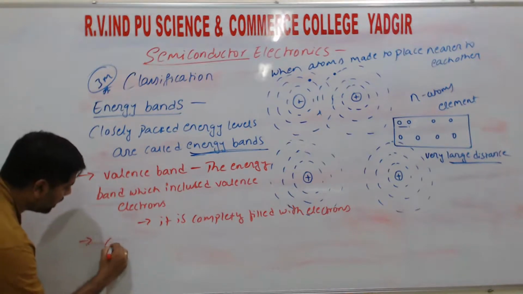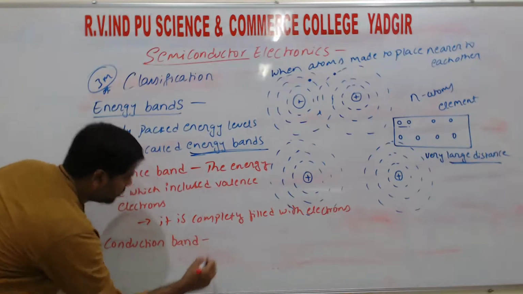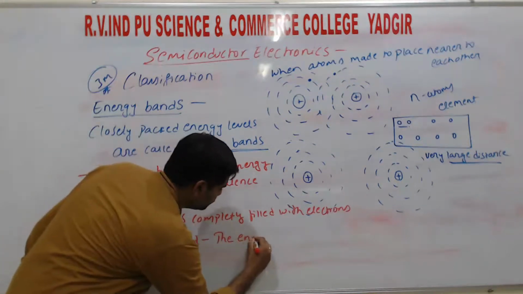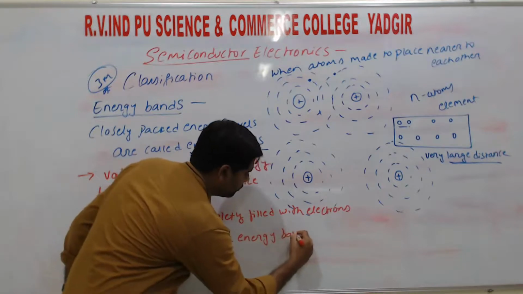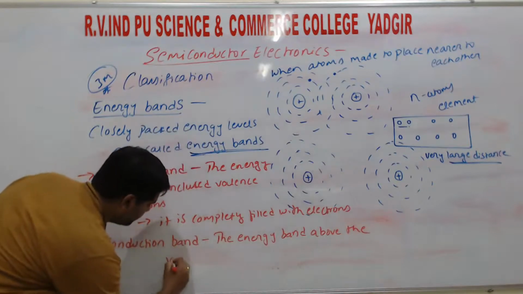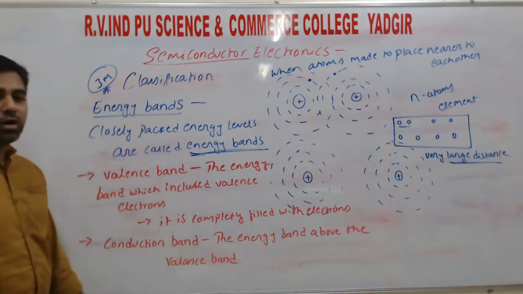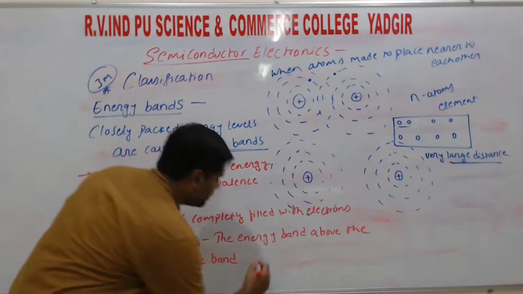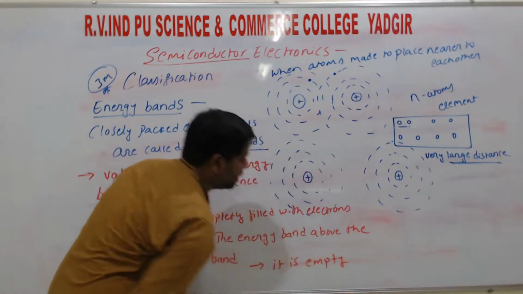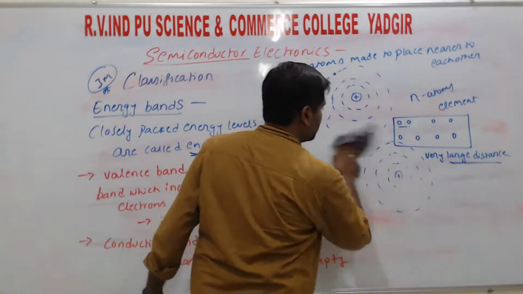Next is the conduction band. The energy band above the valence band is called the conduction band, right? It is empty. So the conduction band is empty, right?